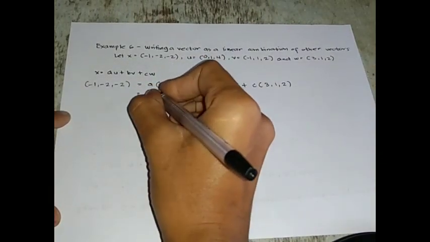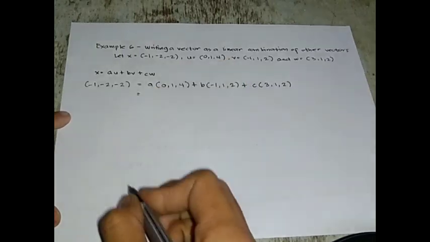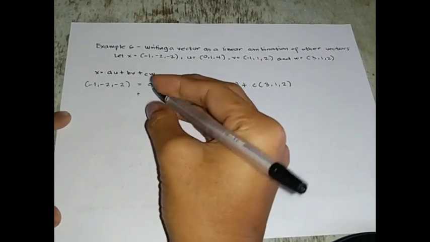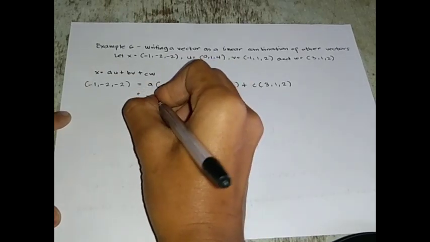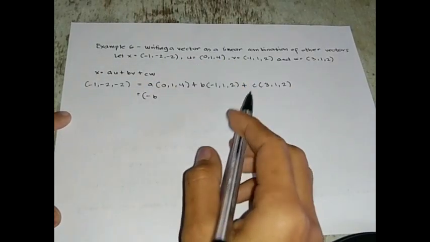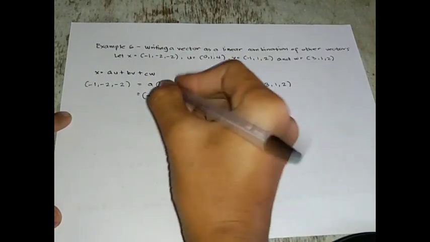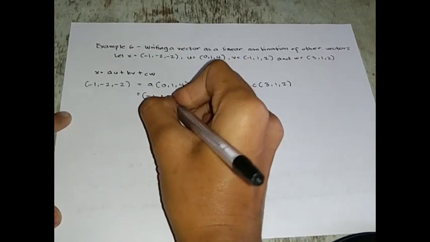So, A times 0 is equal to 0. Then B times negative 1 is equal to negative B. And C times 3 is equal to 3C.